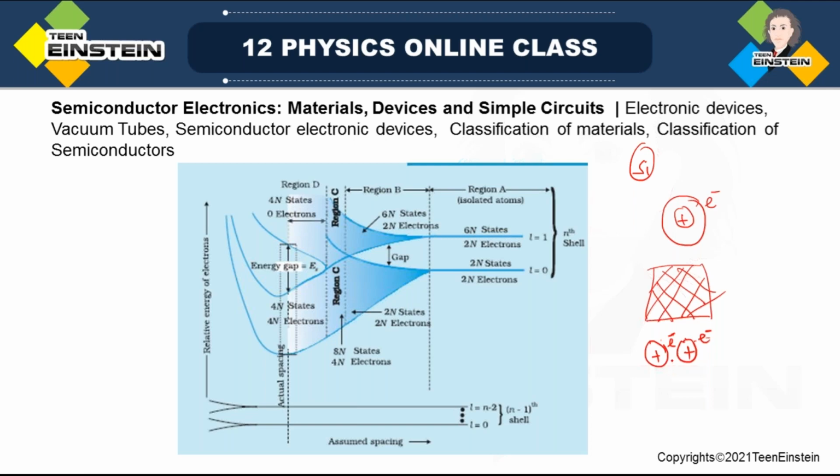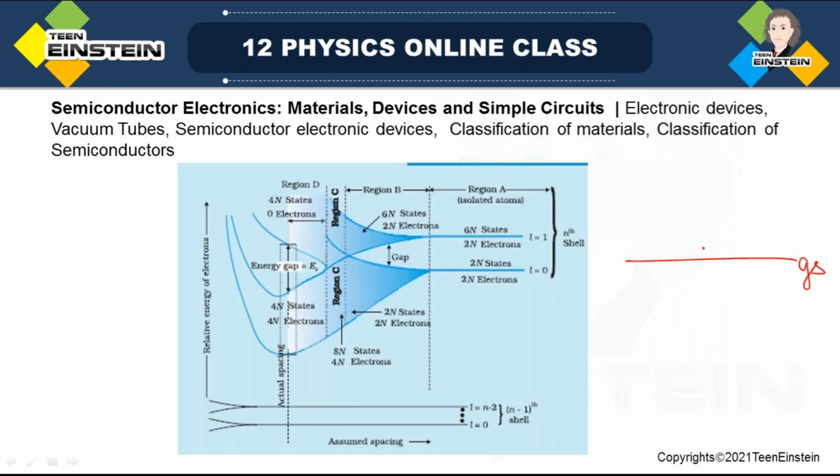The energy level gets split up because of this interaction energy. Suppose in case of a single hydrogen atom, you have ground state energy, then first excited state, then second excited state, etc. You have various energy levels.